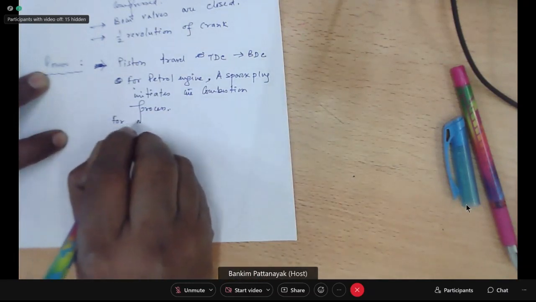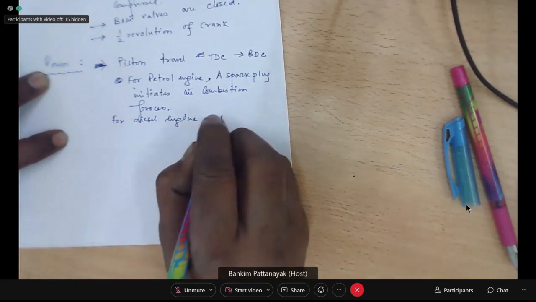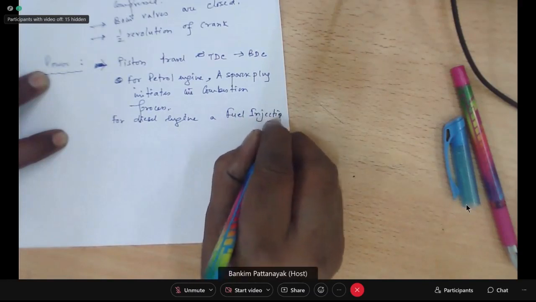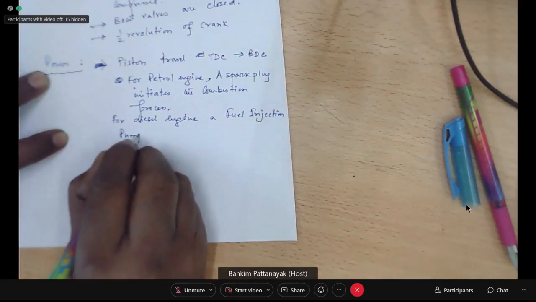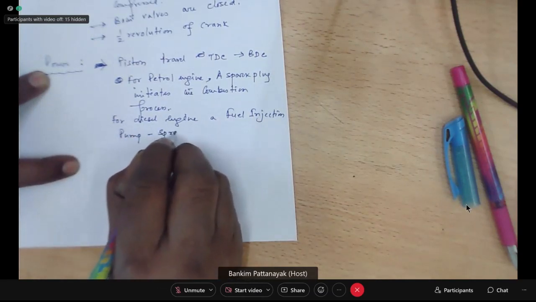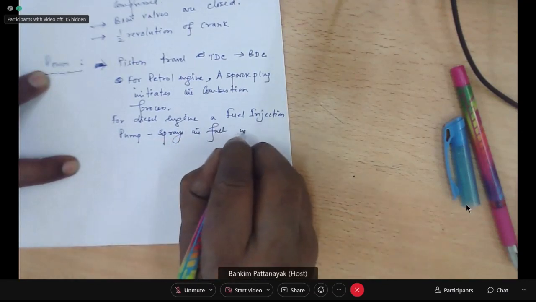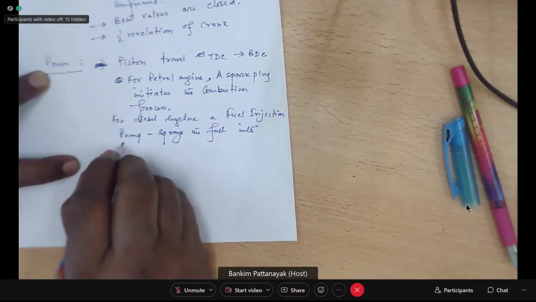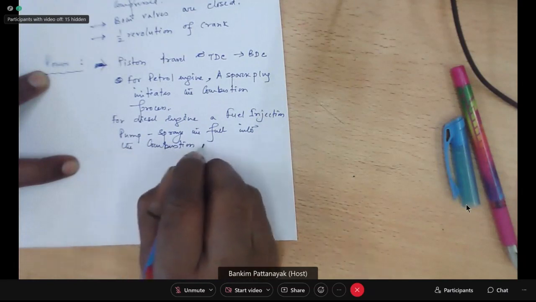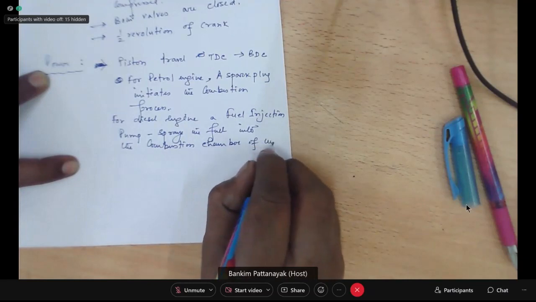For a diesel engine, a fuel injection pump sprays the fuel into the combustion chamber of the engine.